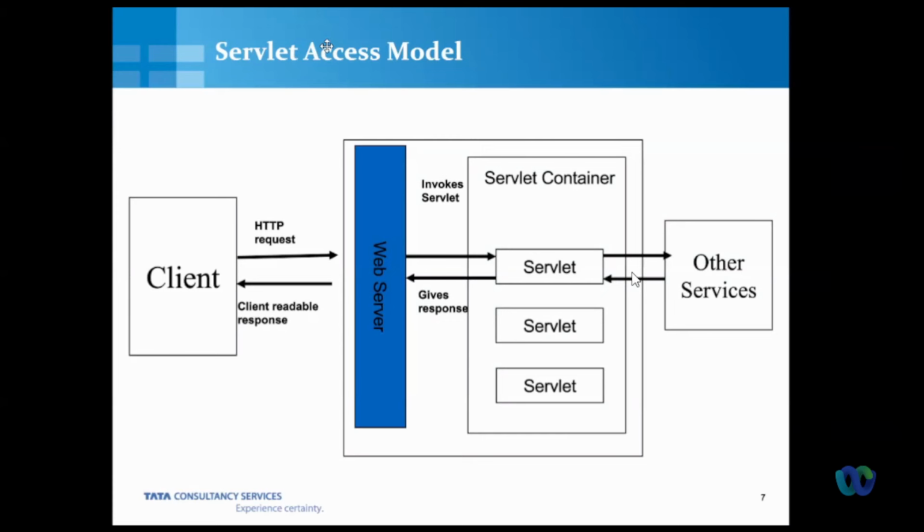servlet access model. Here the client, or the user, is sending the HTTP request to the server. After receiving the HTTP request at the server, what is the server trying to do?